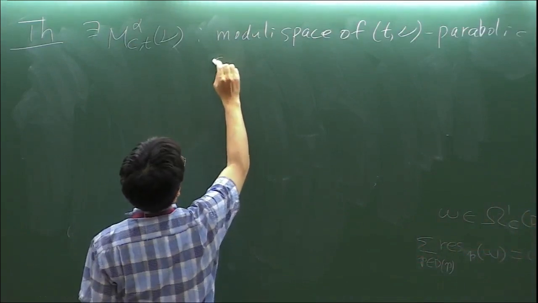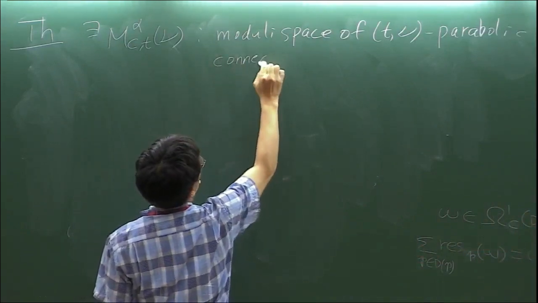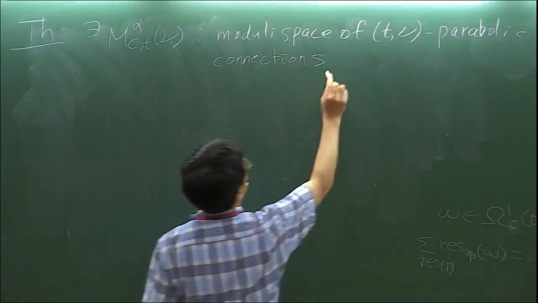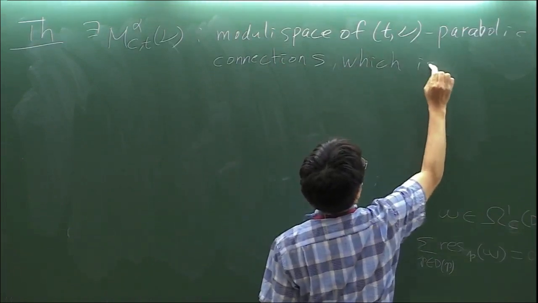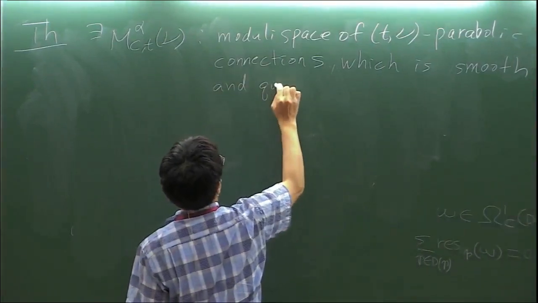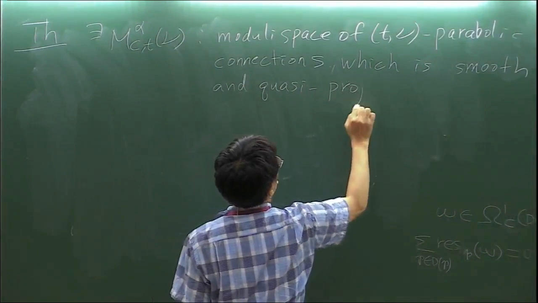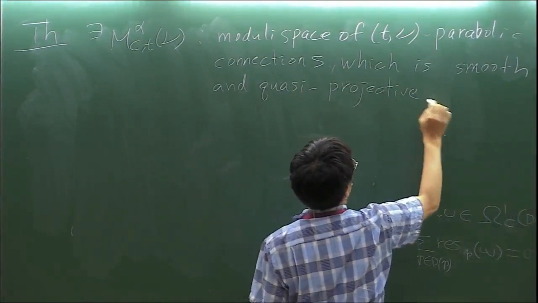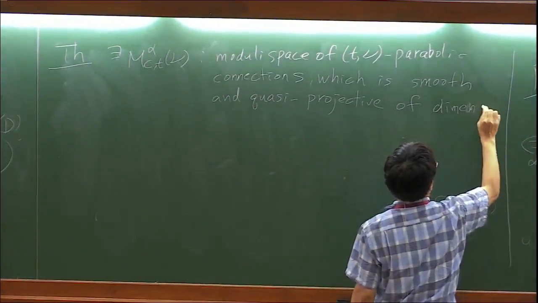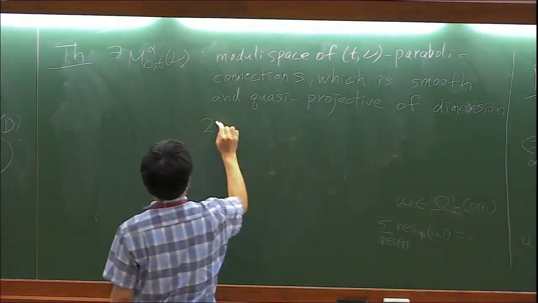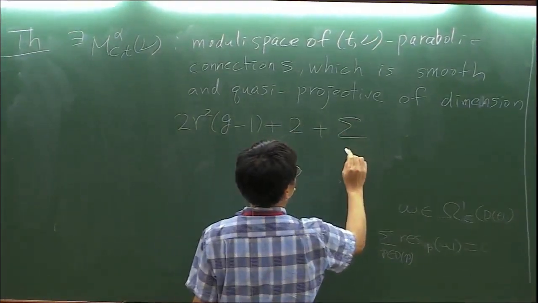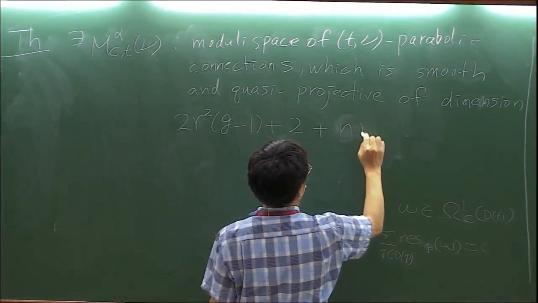There exists a moduli space of parabolic connections, which is smooth and quasi-projective, of dimension 2r²(g−1)+2+2r(r−1).